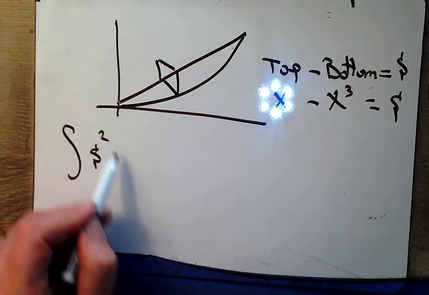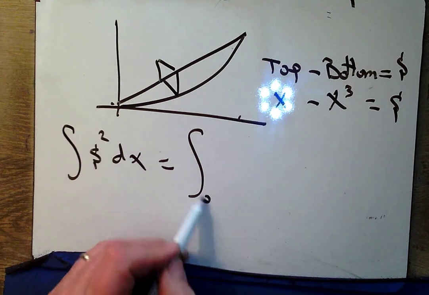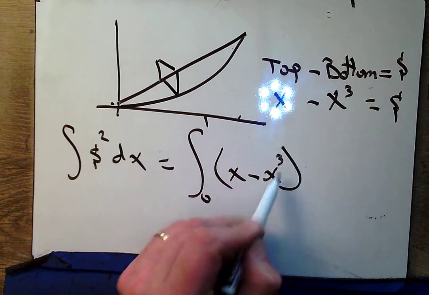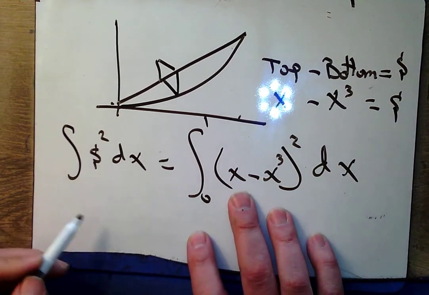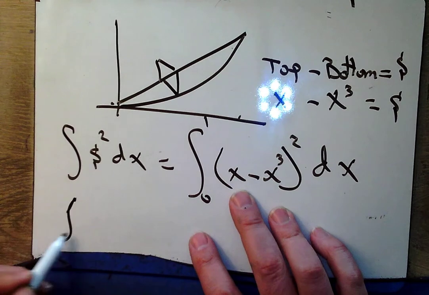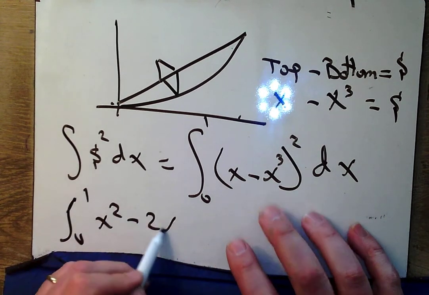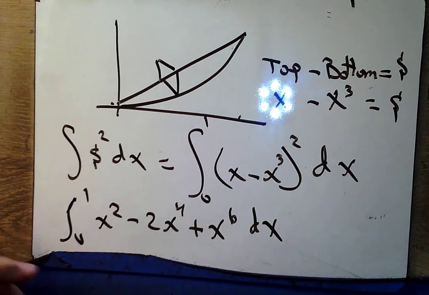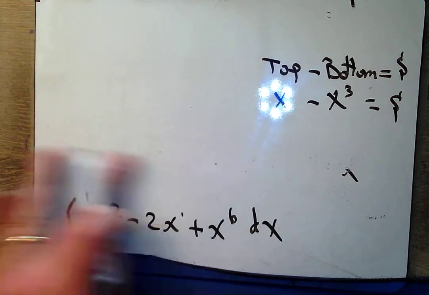So if we're integrating area from 0 to 1, that's going to be x minus x to the third squared dx. Okay, so that's integral 0 to 1 of x squared minus 2x to the fourth plus x to the sixth dx. Okay. And where does that take us?